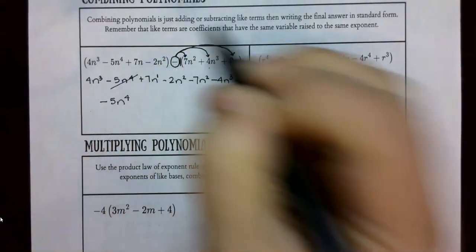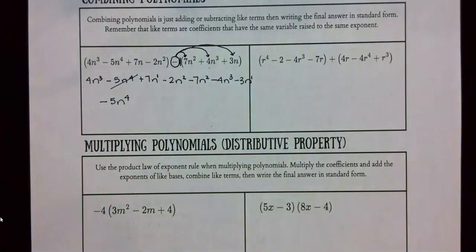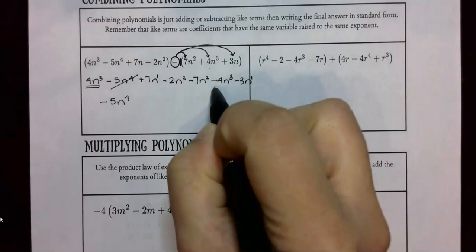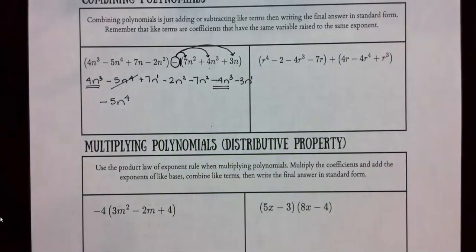I'm actually going to cross these out so I know that I no longer need that number. I've already used it. The next number that comes after 4 would be 3. So if you pay attention, you're going to notice that there are 2 n to the 3rd powers. This 4 and this negative 4.